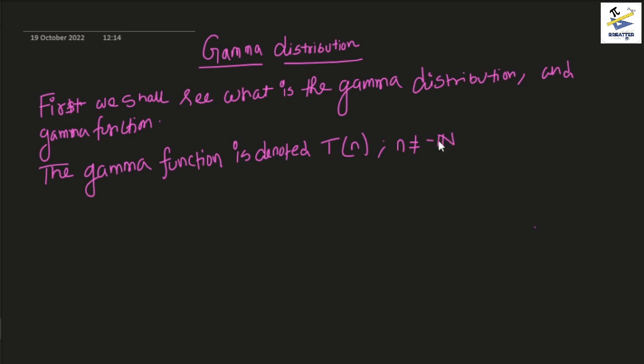Obviously it cannot be 0 as well. So gamma of n. First let us define it for natural numbers.